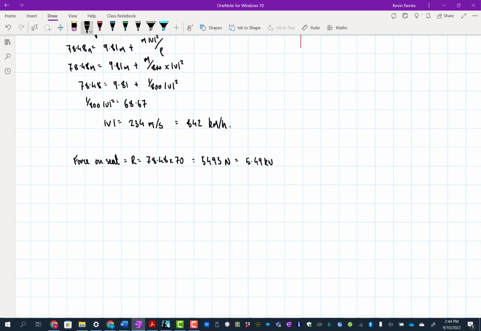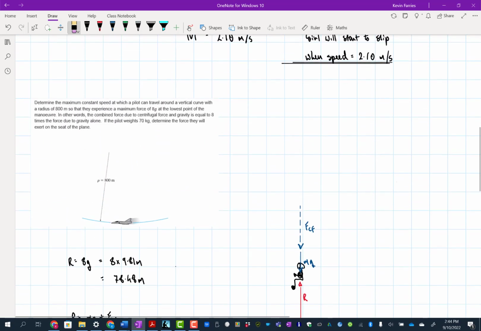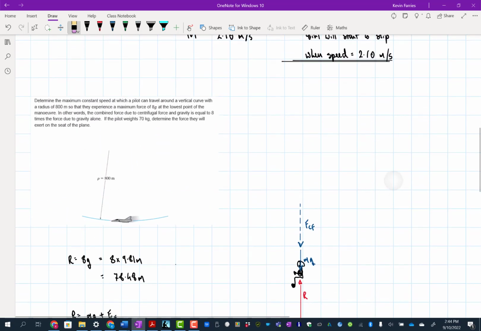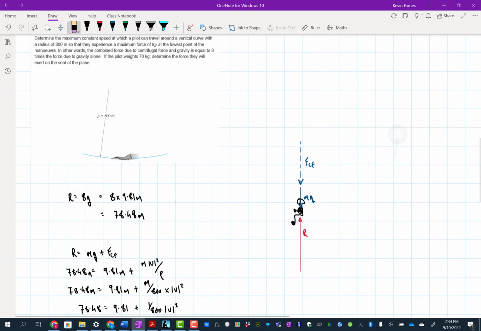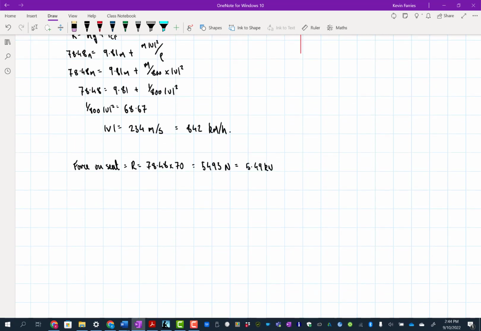So therefore we have the max speed, or the speed that causes 8G. Let's just check the wording of the question. Yep, so lowest. So max speed for 8G is equal to 842, or let's keep it hard, either one would do actually.